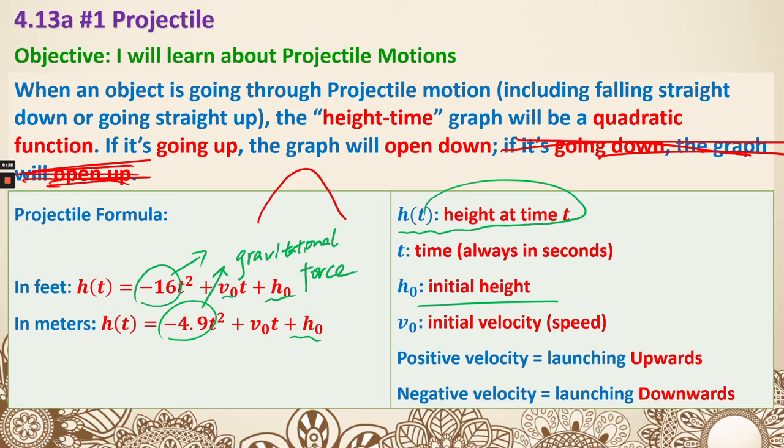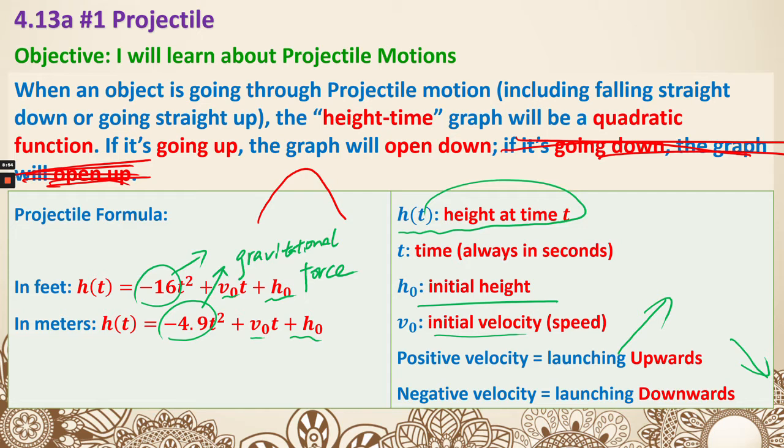As for v sub 0, this is the initial velocity. You have to launch it up with a launching speed so that it can form a parabola, or in this case, a projectile. If it is a positive velocity, it means it's launching upward. If it's a negative velocity, that means launching downward, which we won't actually work with a lot.